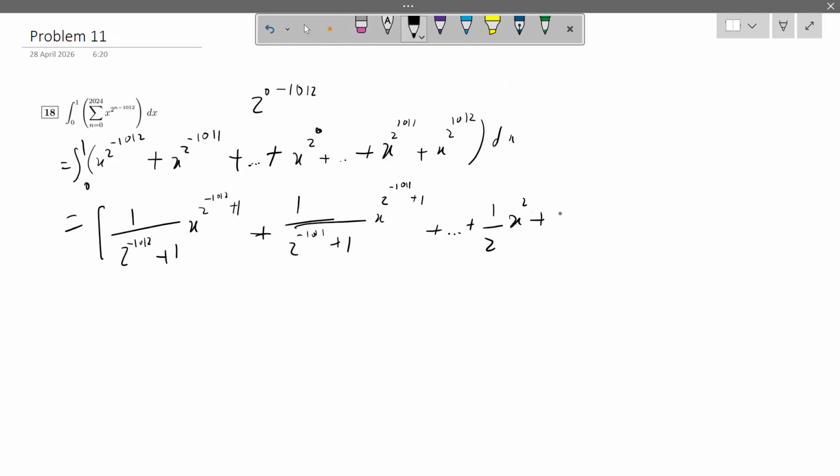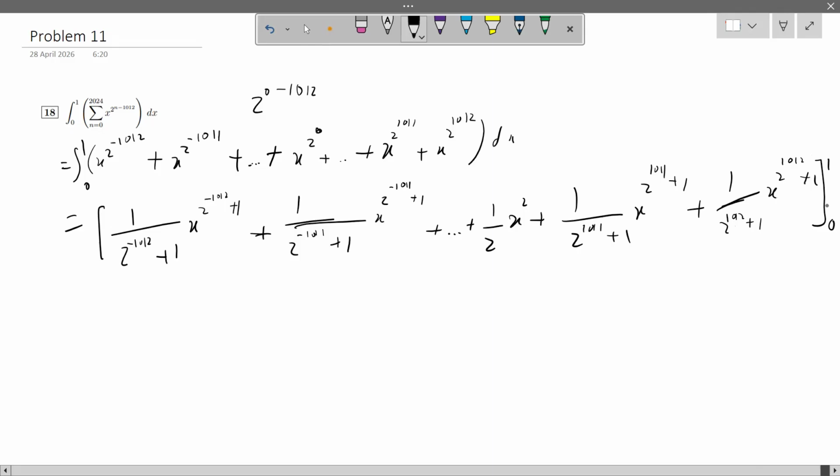Then x to the power of 1 over 2 to the power of 11 plus 1, x to the power of 2 to the power of 1011 plus 1, plus 1 over 2 to the power of 1012 plus 1, x to the power of 2 to the power of 1012 plus 1, and there you go.